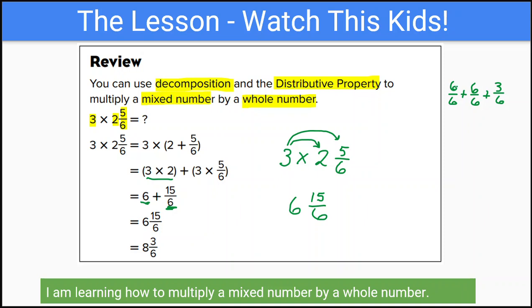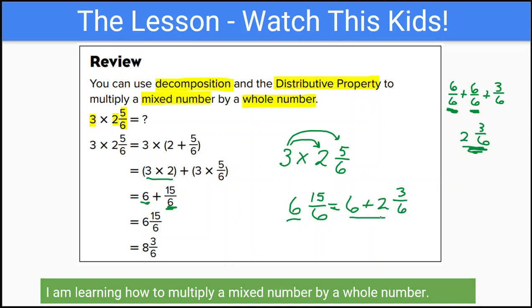Because 6 plus 6 plus 3, that's 15. Well, this is worth a whole, and this is worth a whole, so that's 2. And then we have 3/6 right there. So 6 and 15/6 equals 6 plus 2 and 3/6.